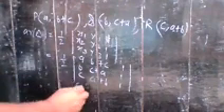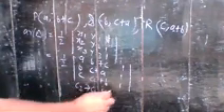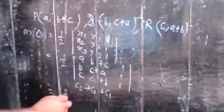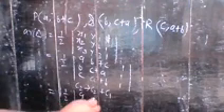Now applying the property, C2 is replaced by C2 plus C1. So you have 1 by 2 and within the determinant you can write a, b, c, then a plus b plus c for each entry, and 1, 1, 1.